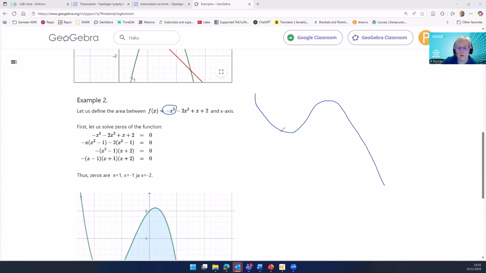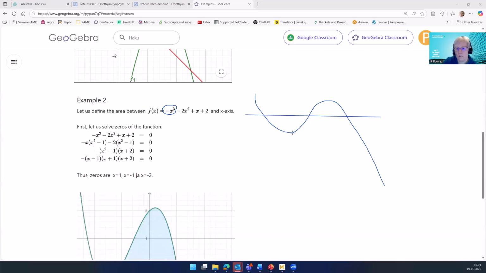We don't know whether the x-axis is here, here, or here. So that's why we solve the zeros of this expression. We find 3 of them, so we already know that the line must be somewhere here.